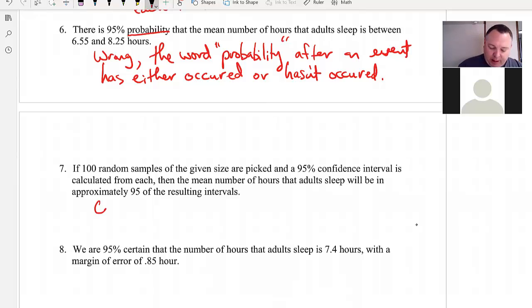This is the correct confidence, because when you say you did it 100 times and 95 of the resulting intervals worked, then that is 95%. That's what we're talking about. However, again, where's the interval? The interval is not stated.